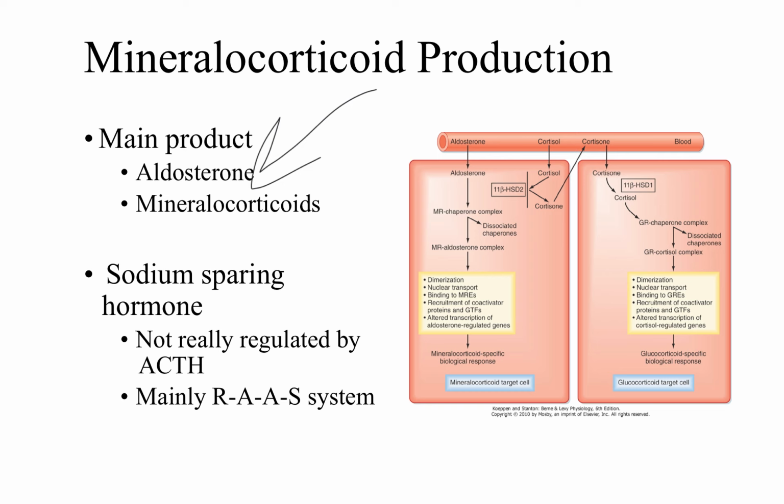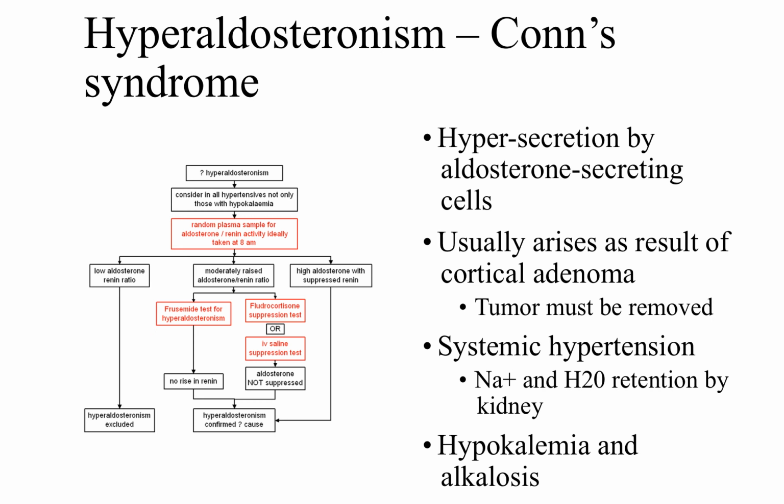So aldosterone production and release isn't regulated by the HPA axis. Instead, it's regulated by the renin-angiotensin-aldosterone system. So when somebody's dehydrated, when their blood pressure is very low, when sodium levels are low, then we get aldosterone release from the glomerulosa level. If there's an abnormality of that area, you can have too little or too much aldosterone.